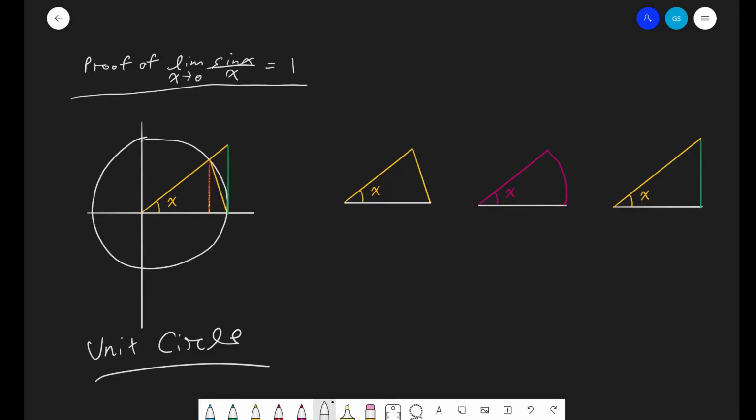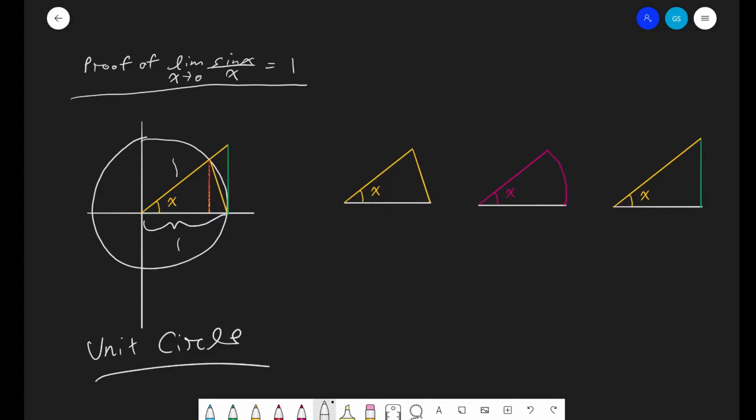I used the unit circle, so we know it has a radius of 1, and this side up to here is also 1.